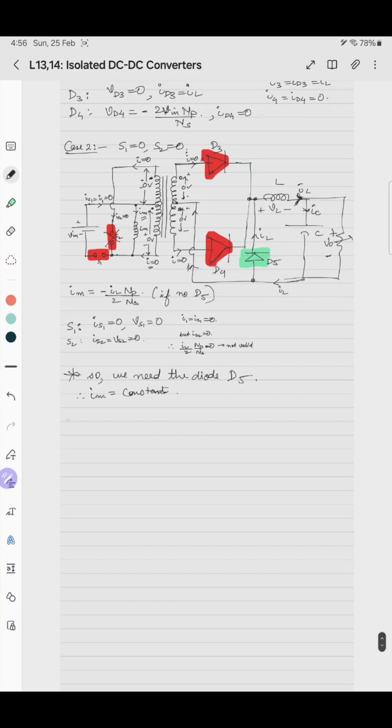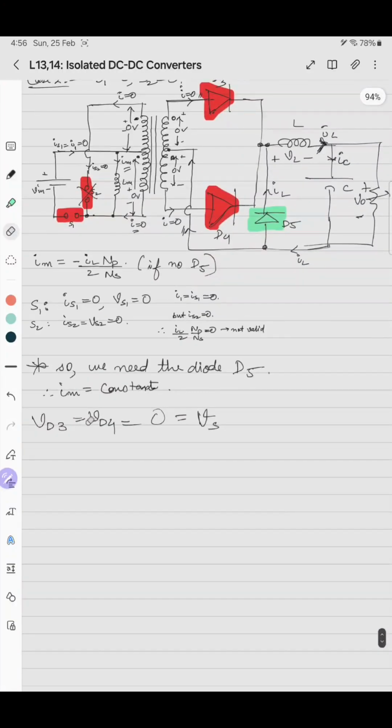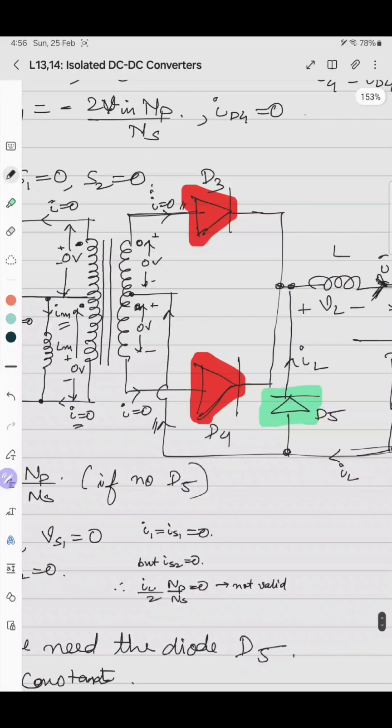So in that case, what happens is VD3 equals VD4 equals what? 0, which is equal to Vs. Why? Because those are connected in parallel. I mean, in series. So basically it is like this. Say it is Vs. If you just apply KVL in this loop, minus plus, plus minus, and minus plus.